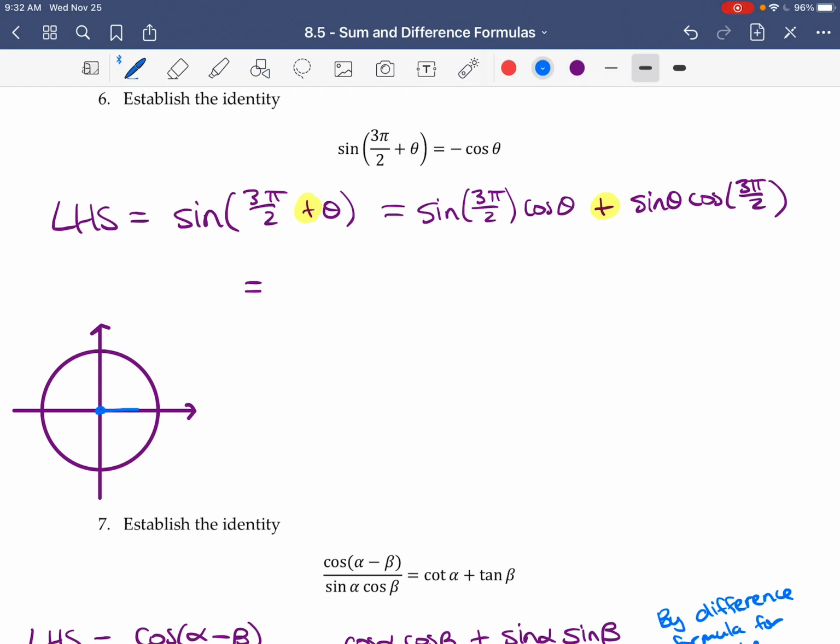It is down here, so it's that angle. It goes through the unit circle at the point 0, negative 1. So you want to remember that cos 3 pi by 2 is the x value, and sine 3 pi by 2 is the y value. So that means that the sine of 3 pi by 2 is negative 1.